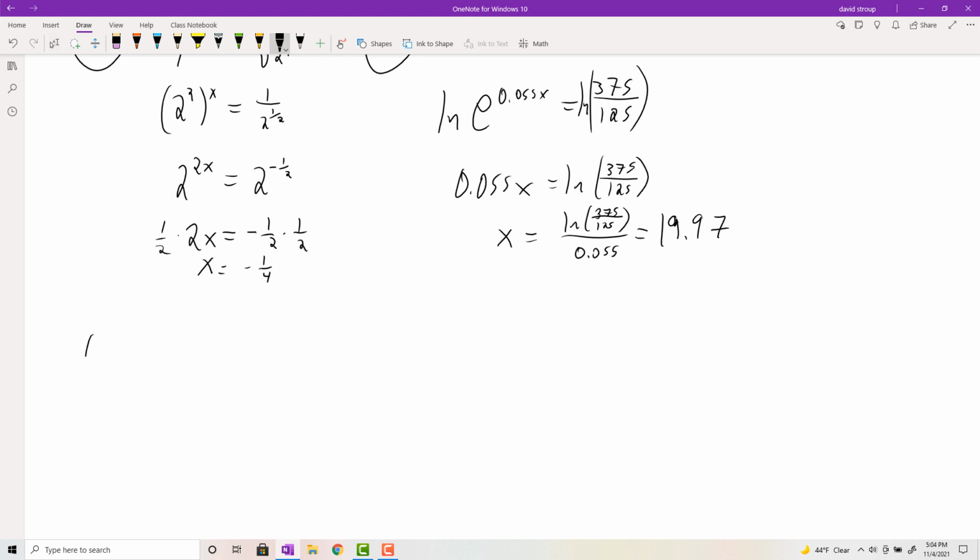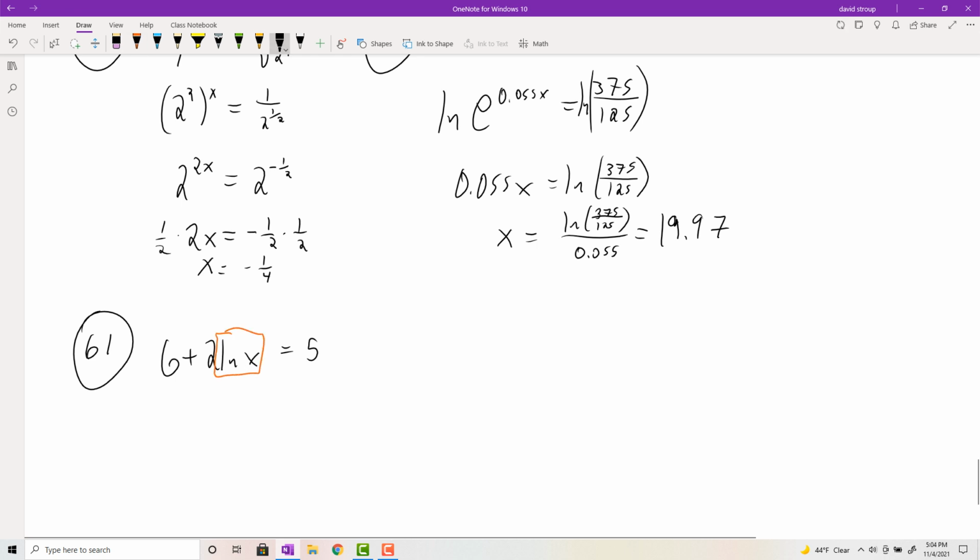Okay. Let's look at 61. So I have 6 plus 2 ln x equals 5. First, what I want to do is isolate the ln x portion. Just going to move the 6 over, divide by 2.